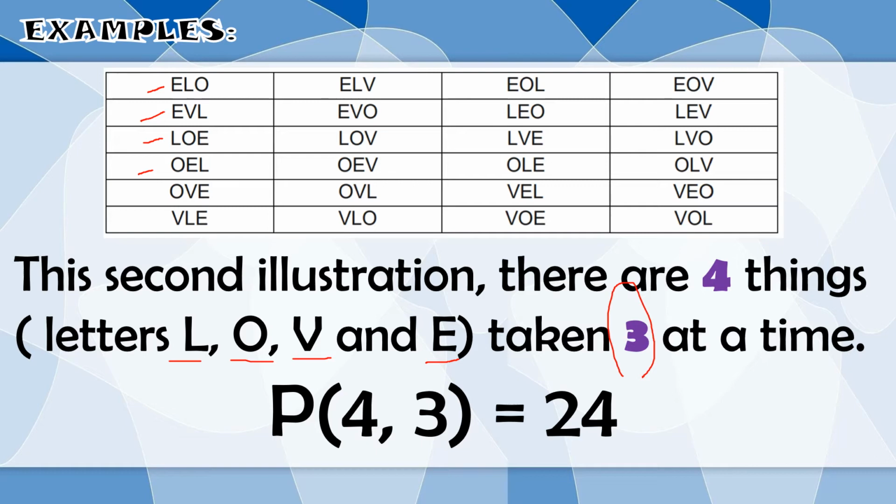Again, this is permutation, so LOE is different from OEL. OVE, VEL, and so on. And if we are going to count all these 3-letter words, we have that the permutation of 4 and 3 is equal to 24.